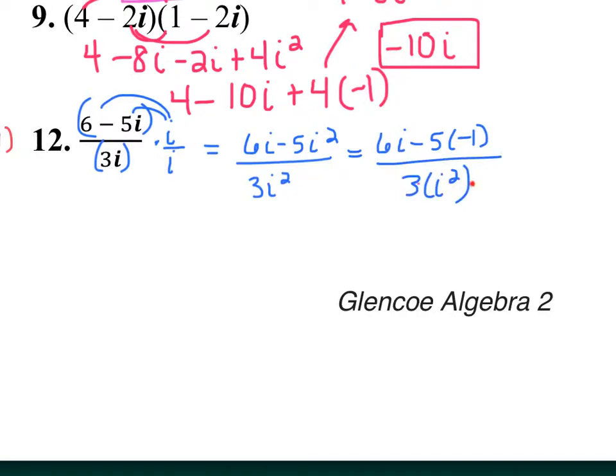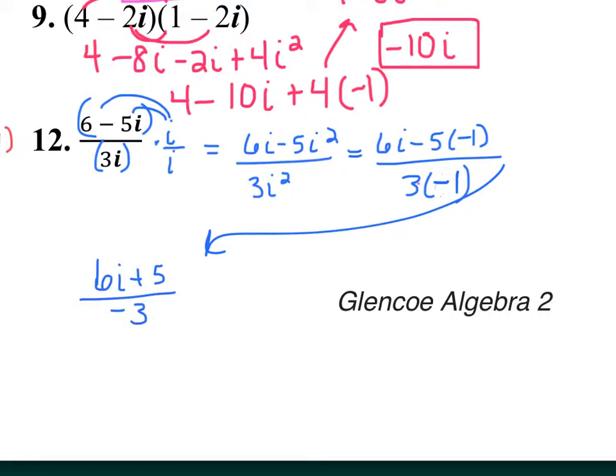Oh, just kidding. I meant to change that to negative 1. So i squared is negative 1. So that becomes 6i plus 5 over negative 3, which in the right order is 5 plus 6i over 3.